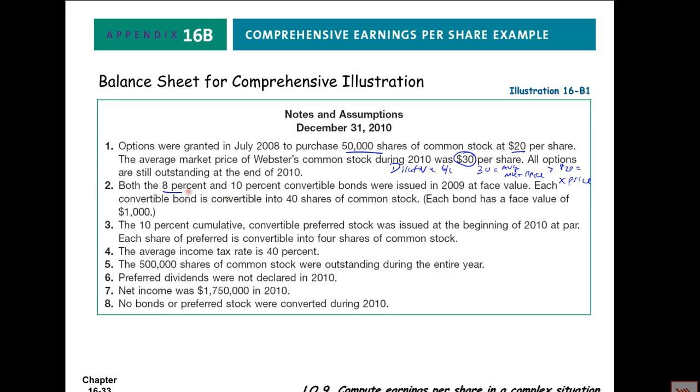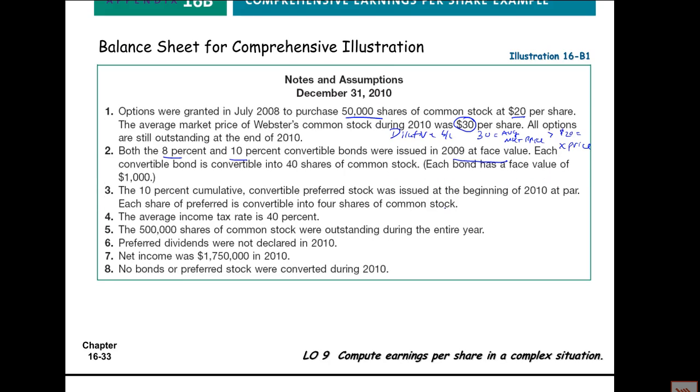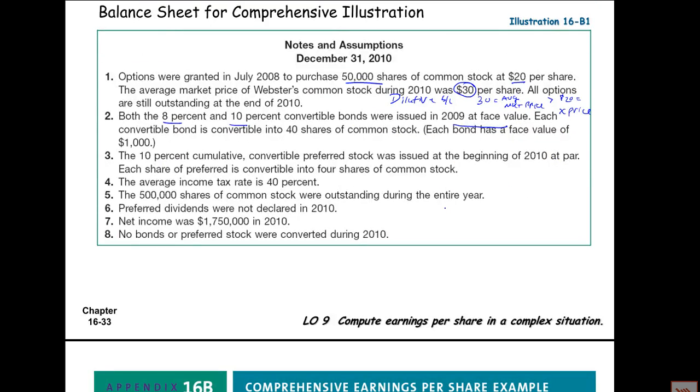Both 8 and 10% bonds were issued in '09 at par, so we don't have to do the partial year adjustment. The 10% convertible was issued at the beginning of 2010, so it's been outstanding the whole year. Here's the conversion ratio for the 8 and the 10%, for both it is 40 shares for each bond.